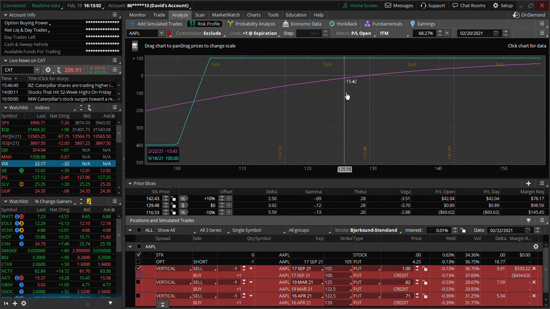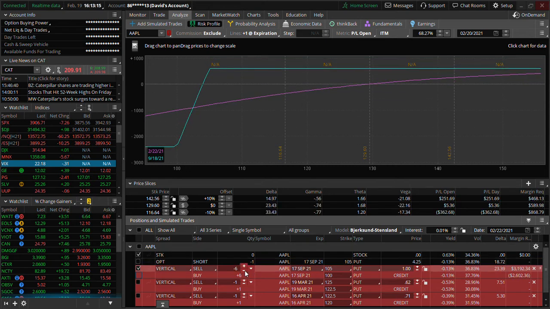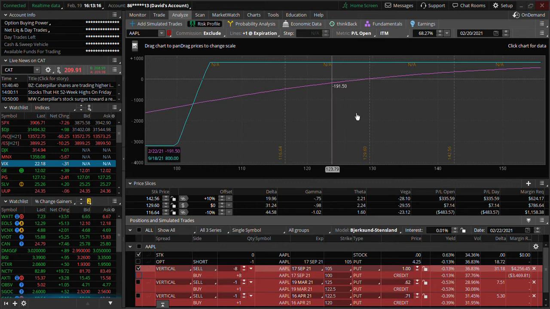Like I said, the problem is traders will pump up the number of contracts because they don't feel like they're taking in enough credit. So that's where you can get in trouble.